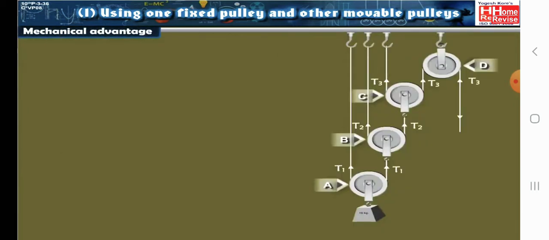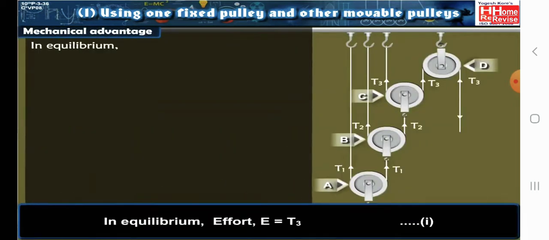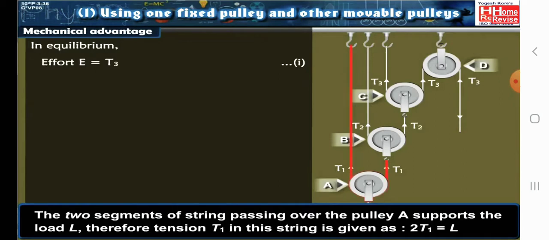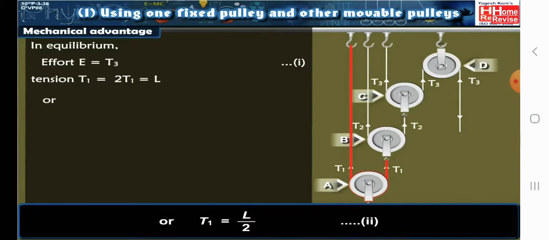Mechanical advantage: in equilibrium, effort E = T3. Let this be equation first. The 2 segments of string passing over the pulley A support the load L. Therefore, tension T1 in the string is given as 2T1 = L, or T1 = L/2.